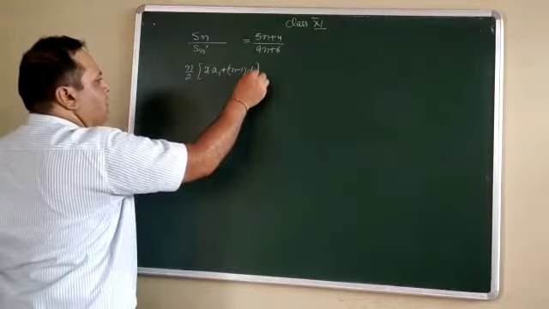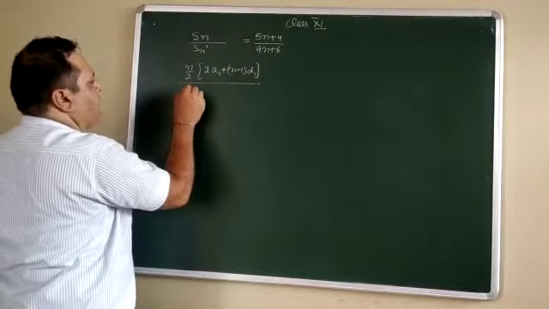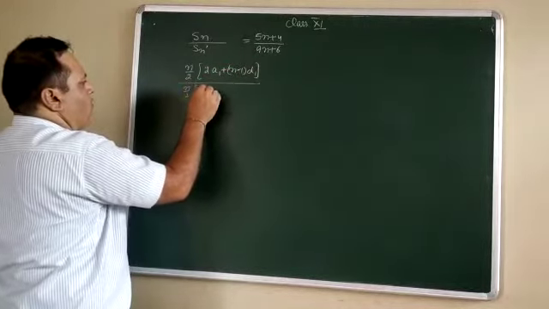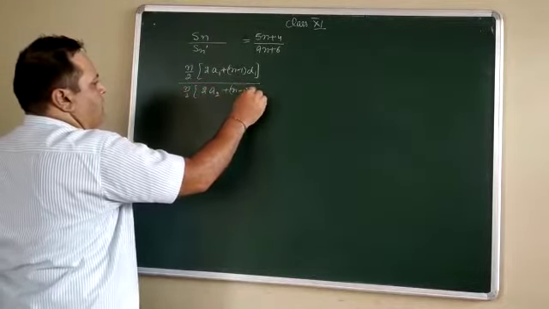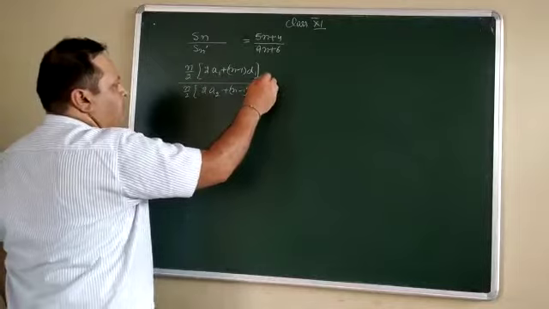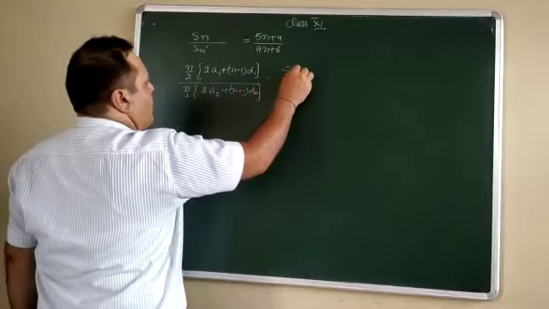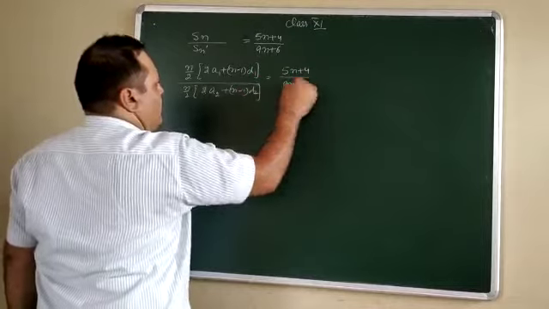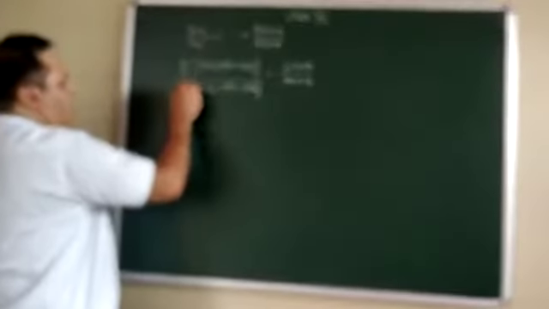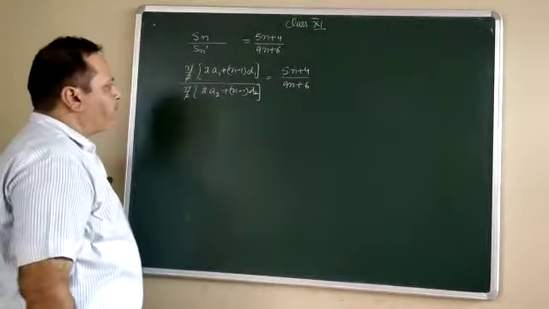It is a1, it is d1. Similarly n by 2 into 2a2 plus n minus 1 into d2 is equal to 5n plus 4 upon 9n plus 6. This n by 2 gets cancelled.